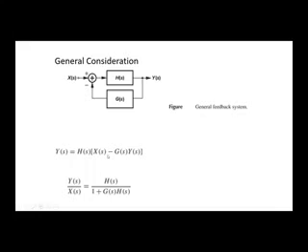This is the error signal given to the amplifier. H of s is the transfer function of the amplifier. Finally, y of s is the multiplication of h of s and the error signal. H of s we can also call the open loop transfer function. Y of s divided by x of s is the closed loop transfer function, that is H of s divided by 1 plus G of s H of s.